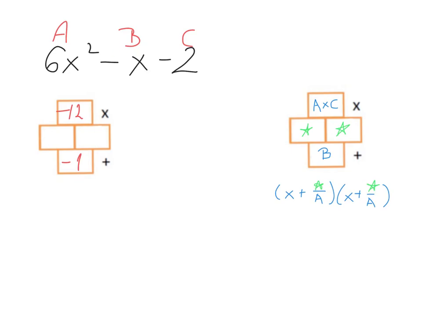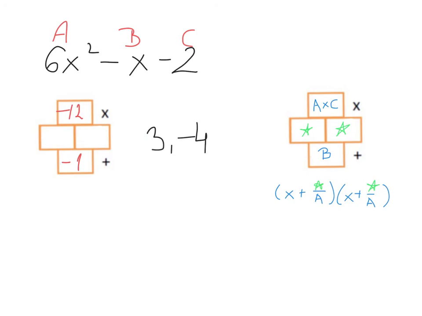So let's look for two numbers multiplied to minus 12 and add up to minus 1. In this case it is 3 and minus 4. Let's double check. 3 take away 4 is minus 1, and 3 multiplied by minus 4 is minus 12. Correct, perfect.